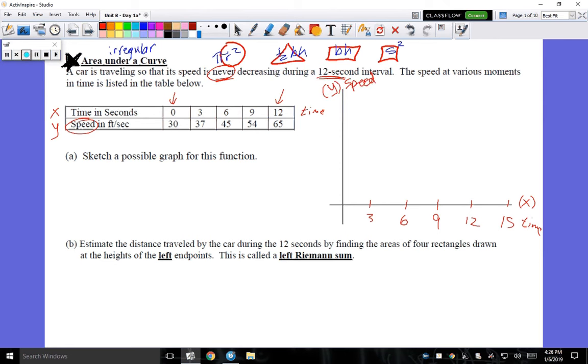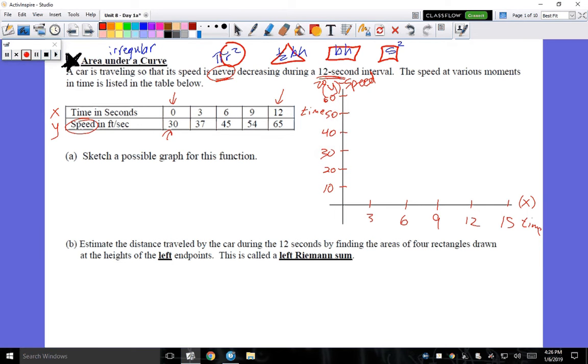Then we have from 30 all the way to 65. So let's go in increments of 20. Actually, to make it a little more precise, I'm going to do increments of 10: 10, 20, 30, 40, 50, 60, and then 70 way up here.